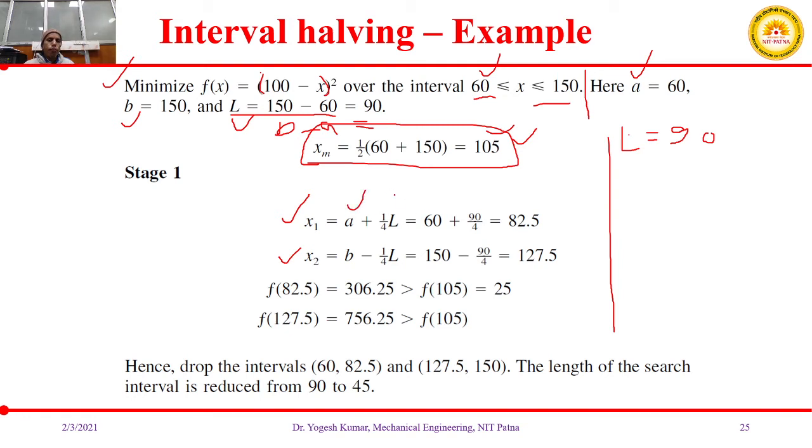A plus l by 4 will be your first point, and this is coming around 90 by 4. I think there is some calculation mistake. How much value will this come?